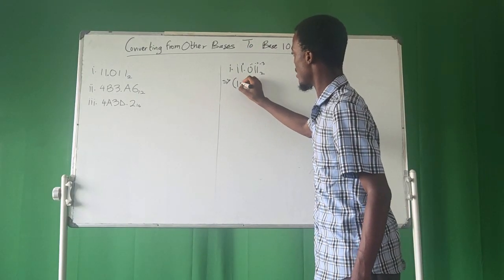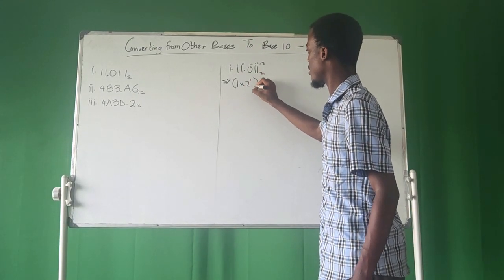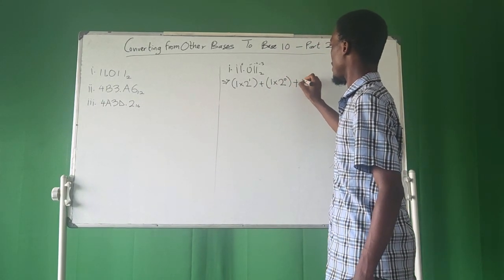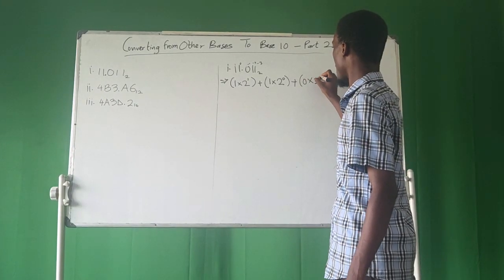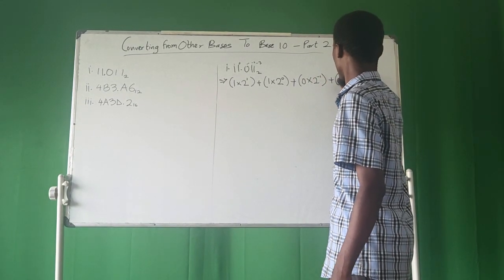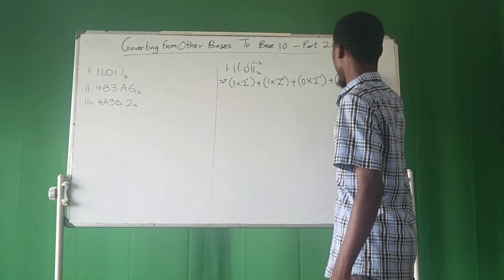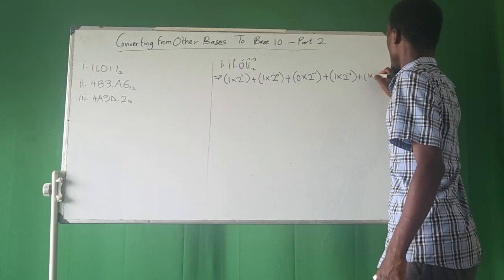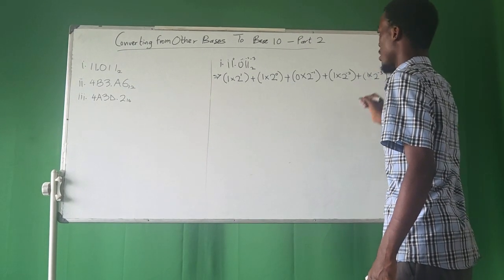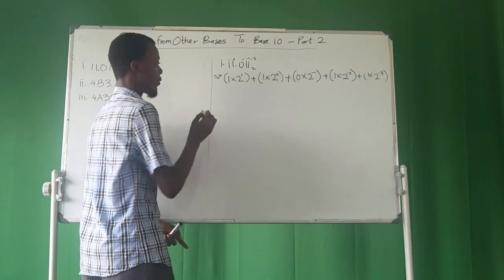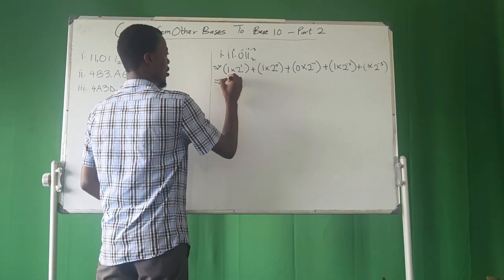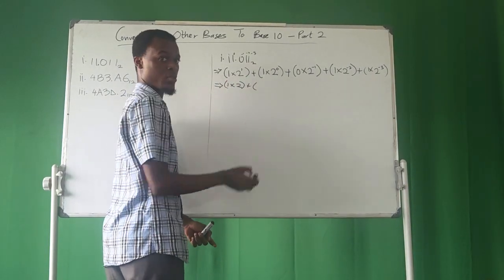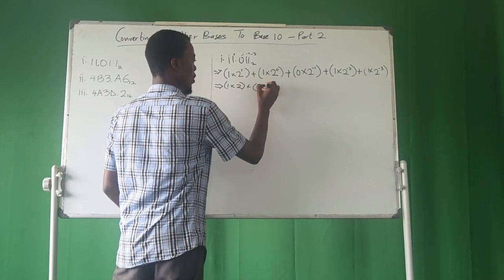So now we have 1 times 2 raised to the power 1, plus 1 times 2 raised to the power 0, plus 0 times 2 raised to the power -1, plus 1 times 2 raised to the power -2, plus 1 times 2 raised to the power -3. So here we have 1 times 2, plus 1 times 2 exponent 0, which is 1, so 1 times 1.